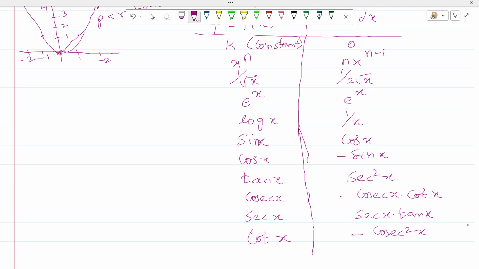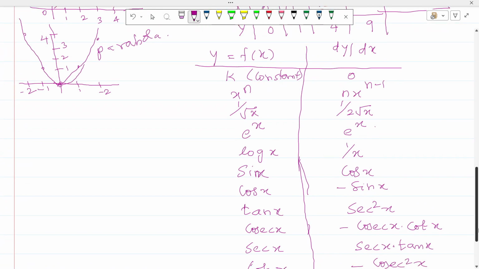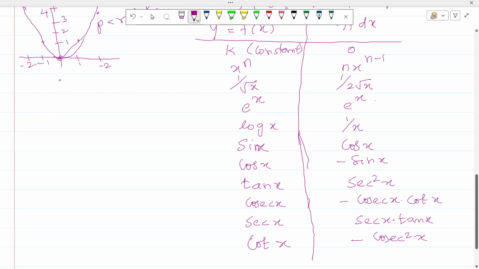Okay, then a few more formulas are there, the inverse formulas. Here I'm writing y equal to f of x, then dy by dx.